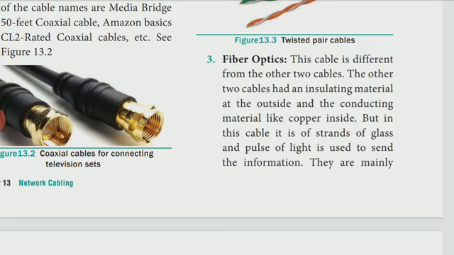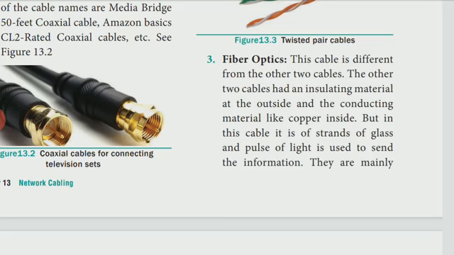In this fiber optic cable, copper material, that is copper wire, will be available inside. After that it is covered with one layer, then that layer is also covered with another layer altogether. It's called fiber optics.